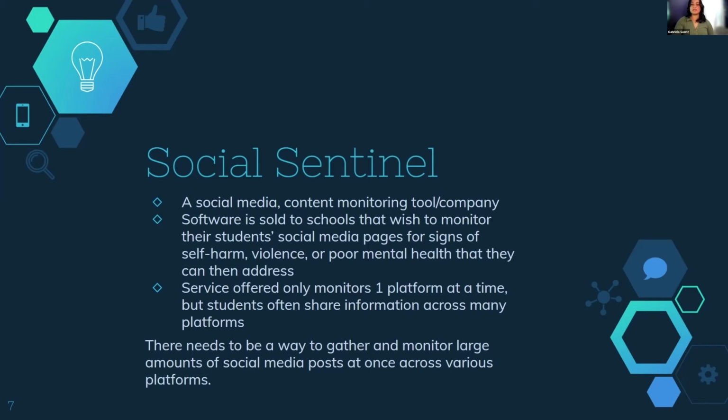If a school wanted to monitor multiple platforms, they would have to take on additional charges from Social Sentinel, put in more resources, and waste more time going through each platform one at a time. In order to effectively prevent social media software mishaps, there needs to be a way to gather and monitor large amounts of social media posts at once across various platforms.